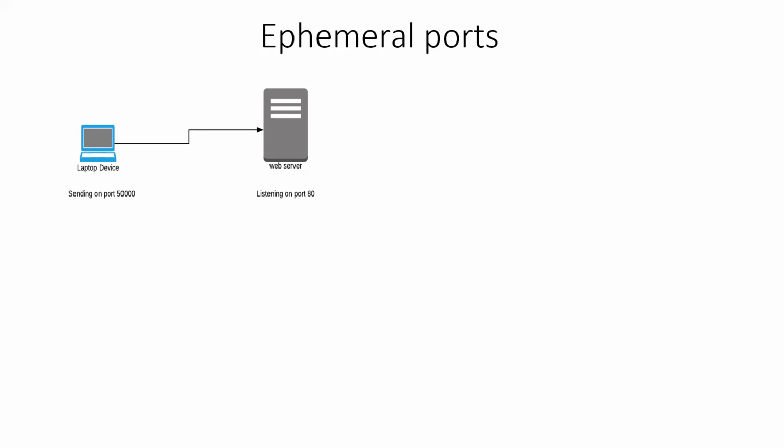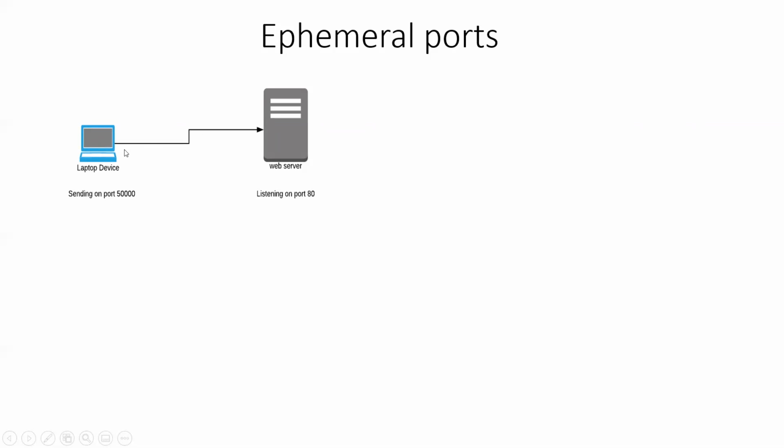Ephemeral meaning it's short-lived. So it uses that particular port just to send the packet to the web server and continue to listen on that particular port to receive the response back. Once the response is received, then that port will be closed. The listening will be closed. And then the next request could be going on a different port.